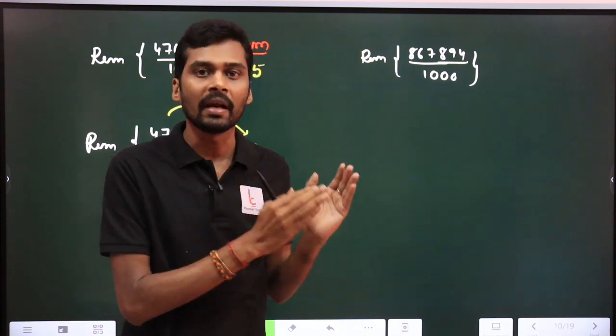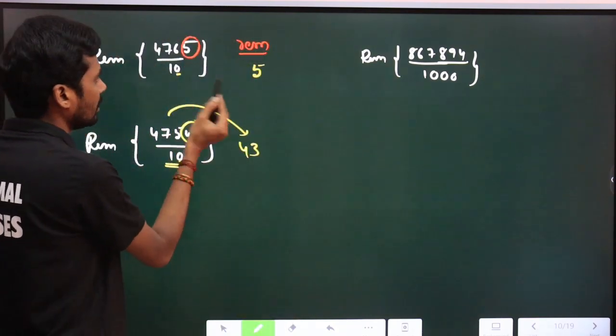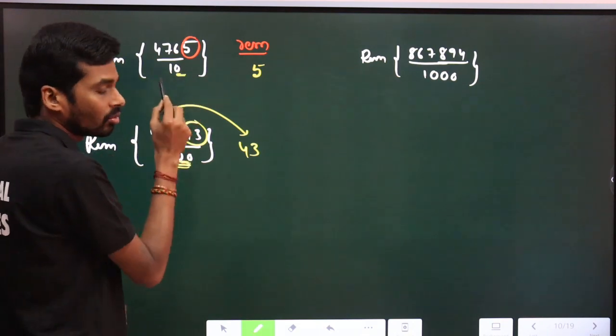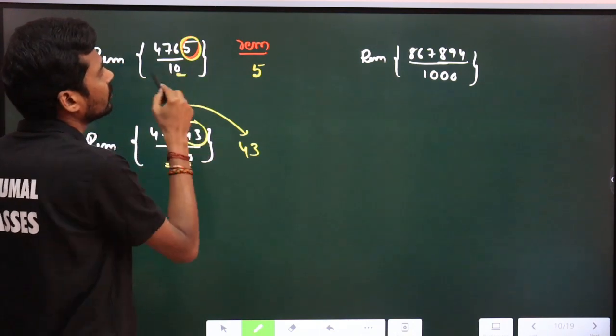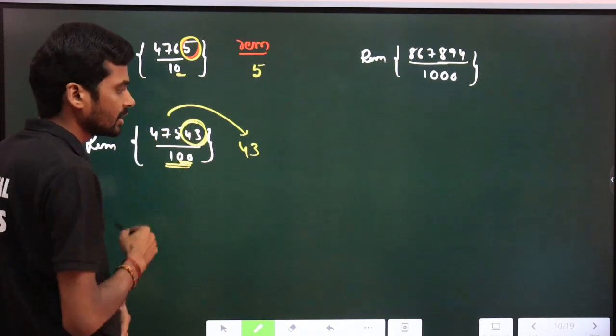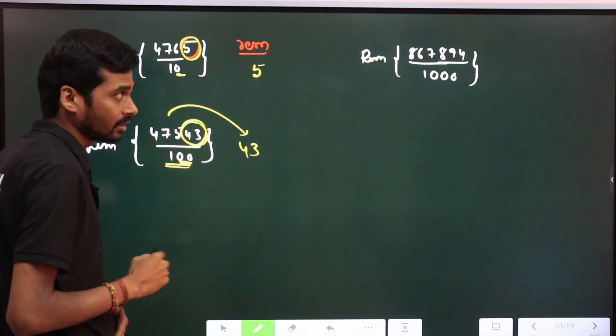If we have only one zero, the last digit of the number is your remainder. If we have 2 zeros, the last 2 digits are your remainder.